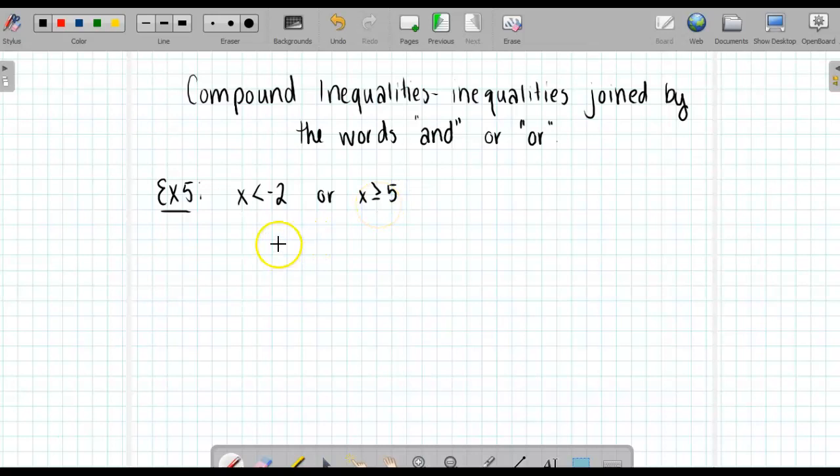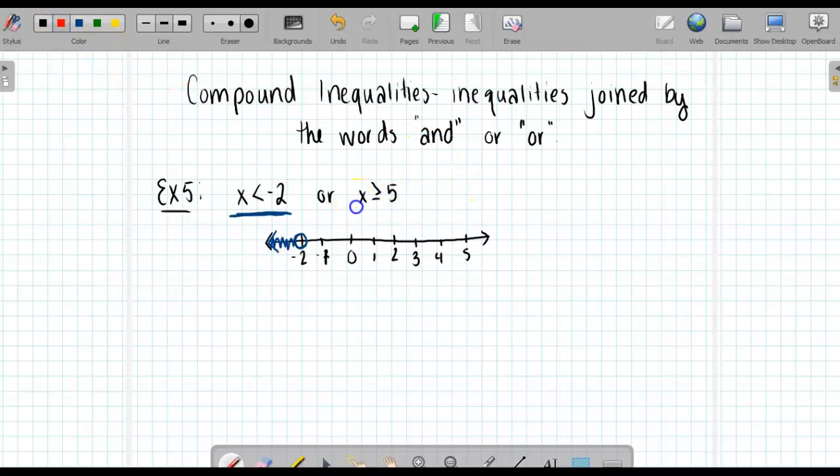So if we have to graph this on our number line, we're going to have -2, -1, 0, 1, 2, 3, 4, 5. And so if I am graphing this X is less than -2, I'm going to have an open circle here, and then I'm going to shade to the left.